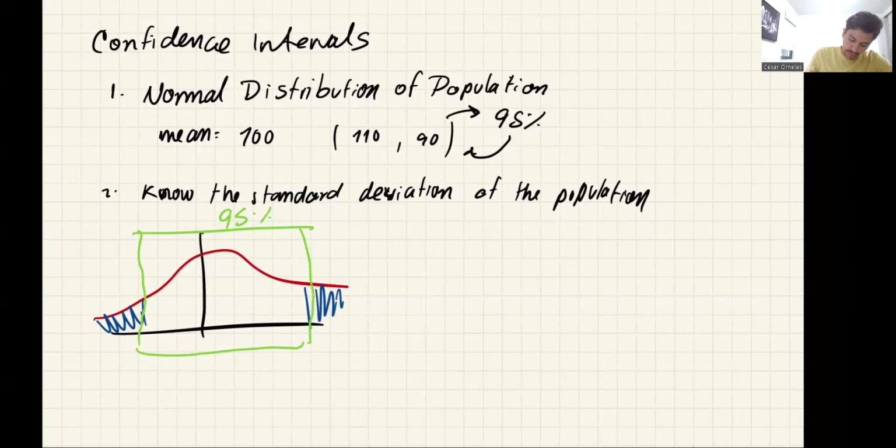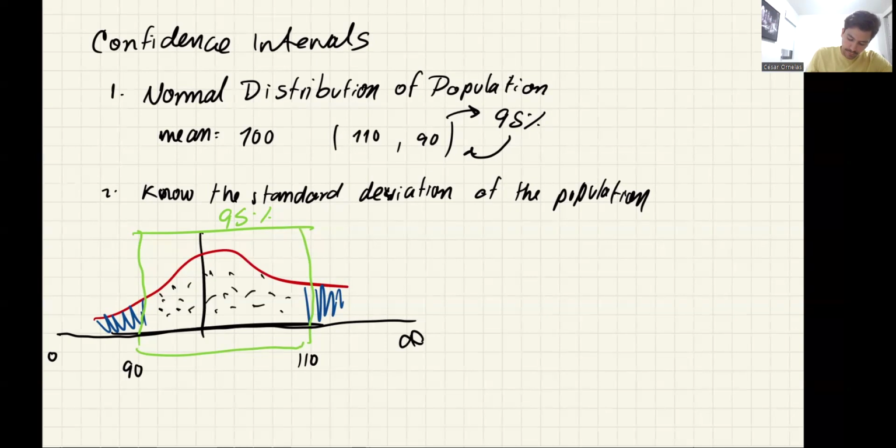So as I said in the example, the mean is going to be inside of this 95%, and the intervals are going to be between 90 and 110 in an x-axis, sorry, that is going to be between 0 and infinity. So we are going to know that our values are going to be inside this 95%, most of the values inside of this region.